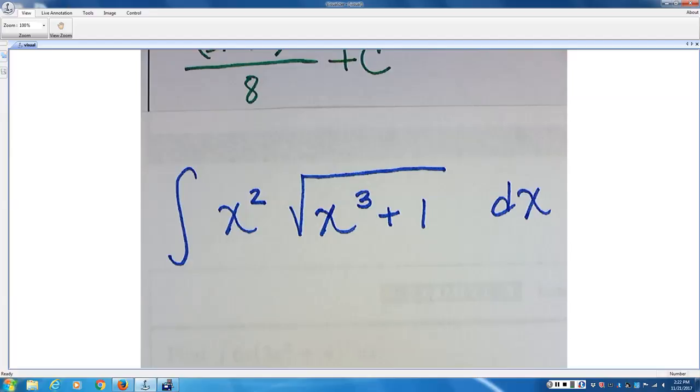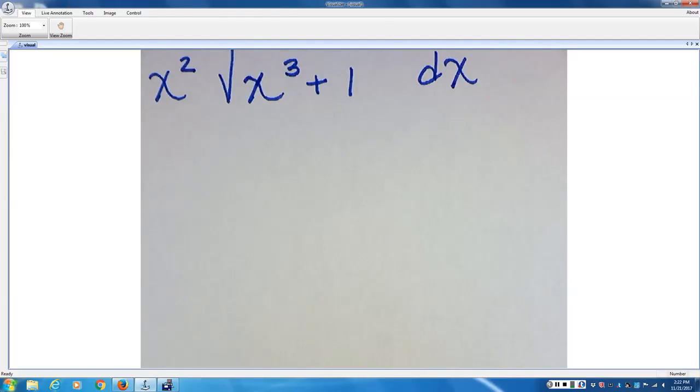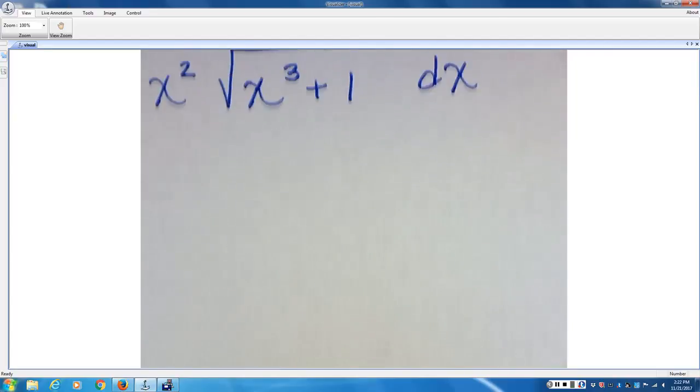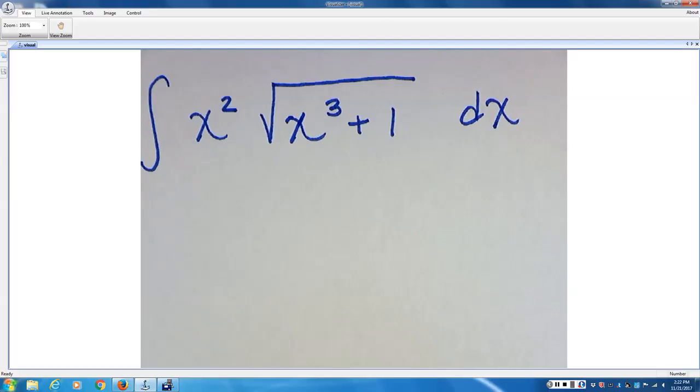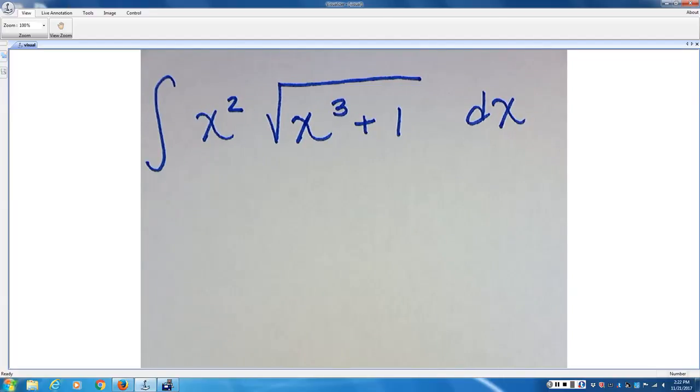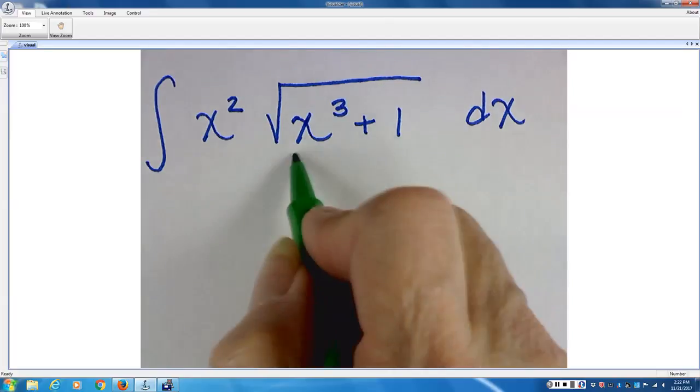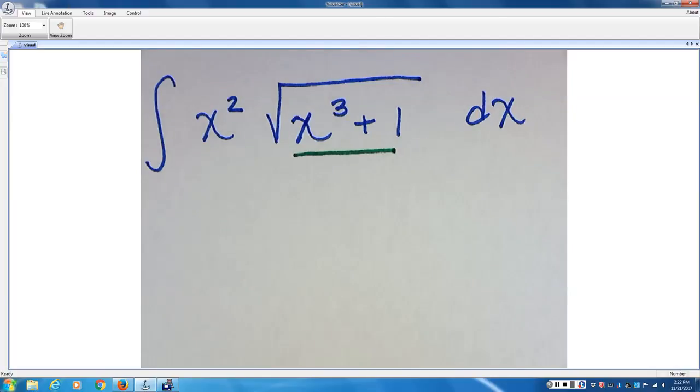This is example 2. Sorry, wrong way. And we want to take the integral of that function. What do you think u is? Think that's it? Think it's x cubed plus 1?